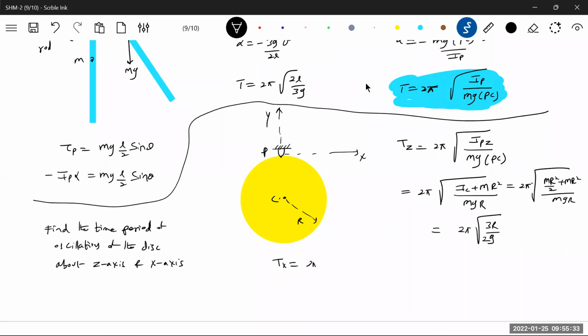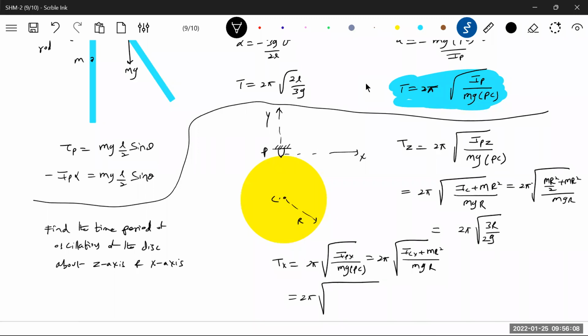About the x-axis, it should be equal to 2 pi root of moment of inertia of the disk about the x-axis, about any diameter, Icx plus mr square over mg into r.